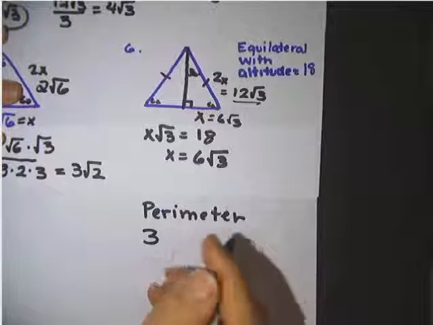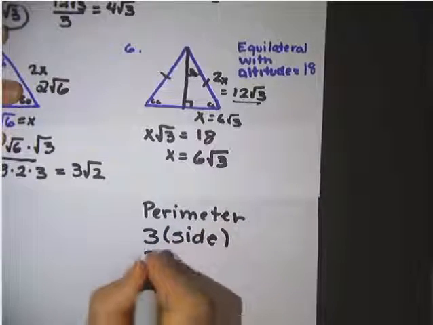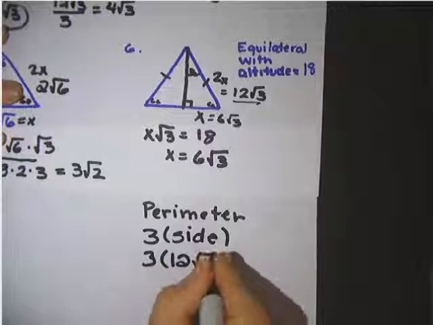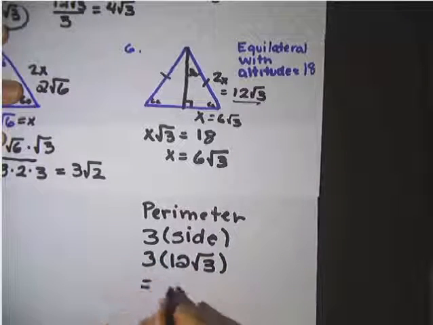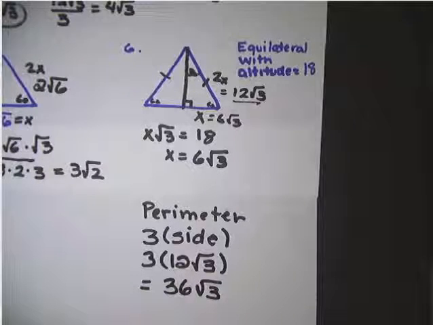And if each side is 12 root 3, we'd end up with 36 root 3. So know how to find the perimeter of squares and equilaterals given the diagonals or altitudes as well. All right, we are going to stop there.